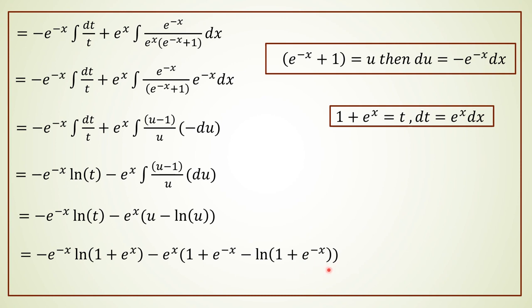So this is the required particular integral of the given differential equation. Hence, the complete solution of the given differential equation is just the sum of the complementary function and the particular integral. Hope it is clear to you.